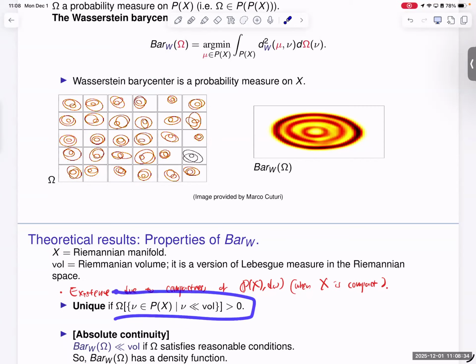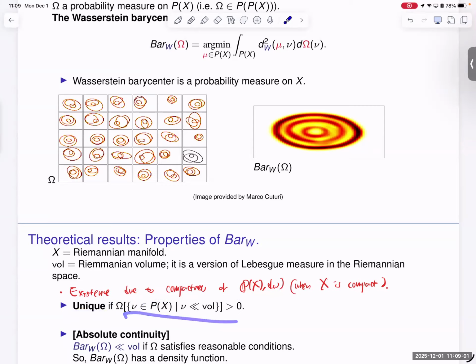That's what this means. So the set of absolutely continuous measures has positive measure with respect to omega. That means omega has some non-trivial portion of those random measures nu which are absolutely continuous. So under that assumption, you can prove uniqueness.